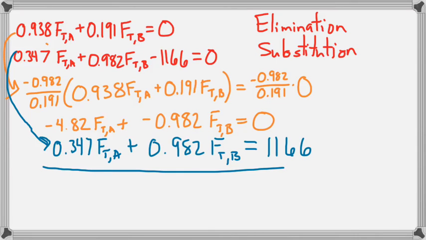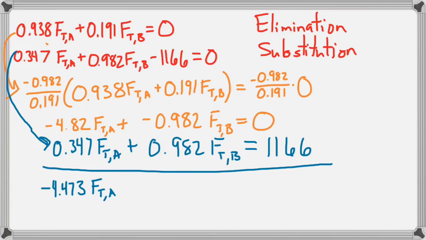Now here's the big magic. When I add this equation to this equation, watch what happens. So I'm going to add like terms. So I'm going to add this term to that term. And negative 4.82 plus 0.347 equals negative 4.473. And I have the force of tension in rope A plus what? Well, I have negative something plus positive of that same thing.